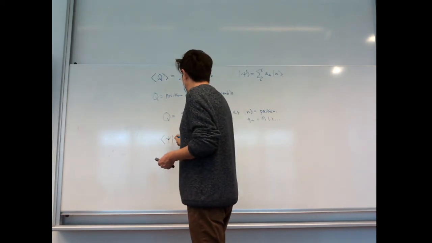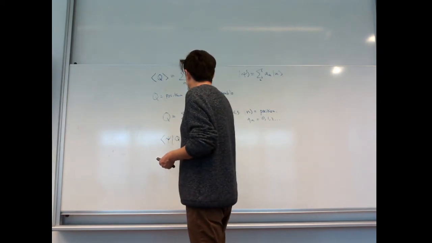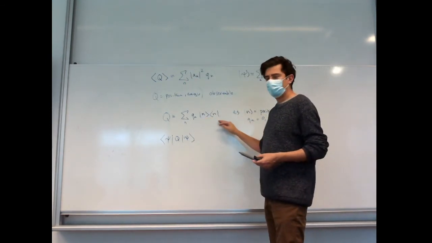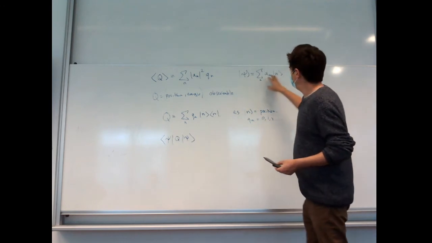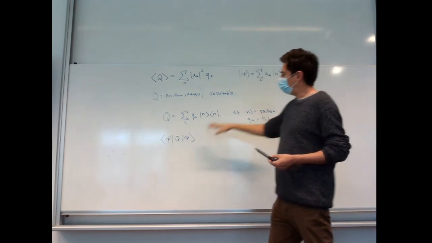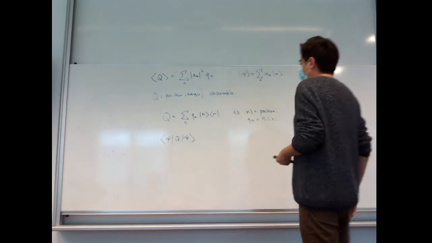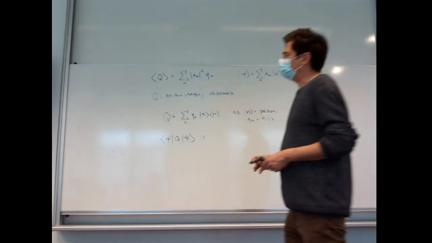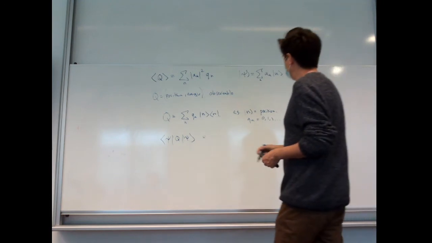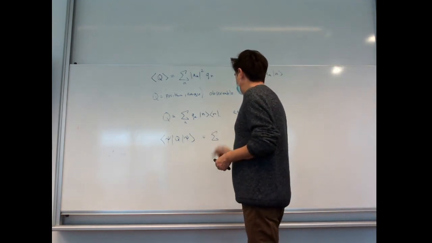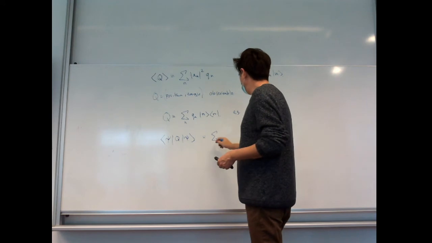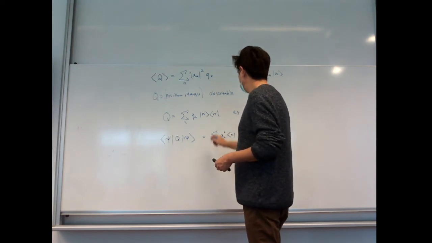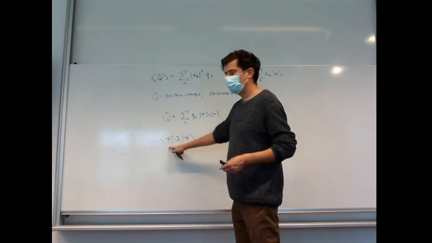Suppose we calculate this quantity, where we have a matrix, a state vector, and a conjugate vector. I'm just going to calculate what this thing is. So the conjugate vector of this one, a_n star, n.